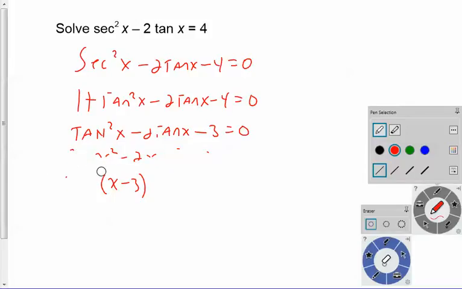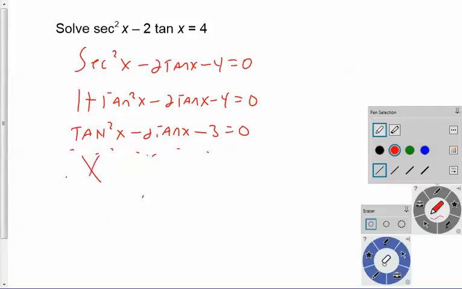Because secant squared x is 1 plus tangent squared x, so I got that. And 1 take away 4 is negative 3. Oh yeah, that's right. That's right. Yeah, that was right. I'm sorry.